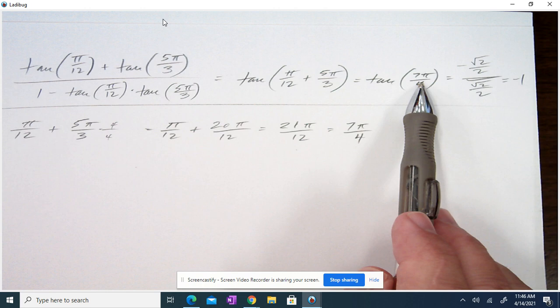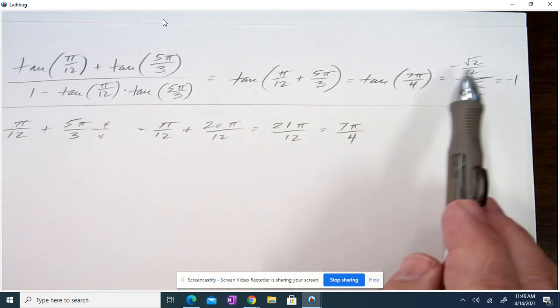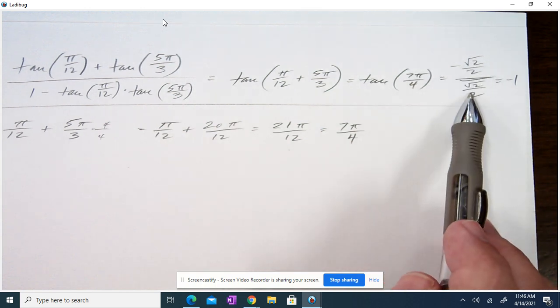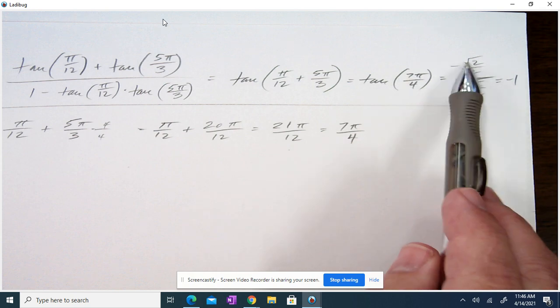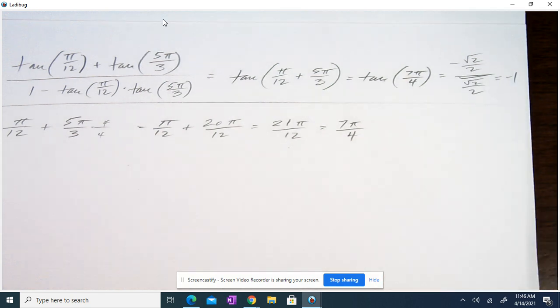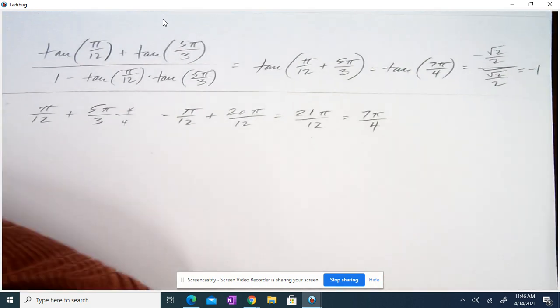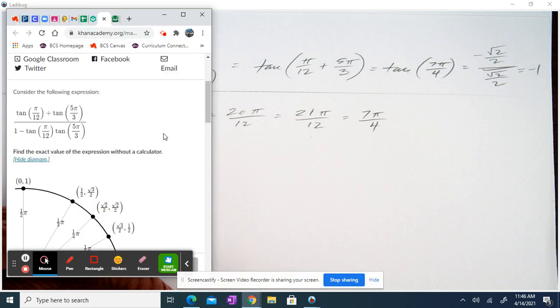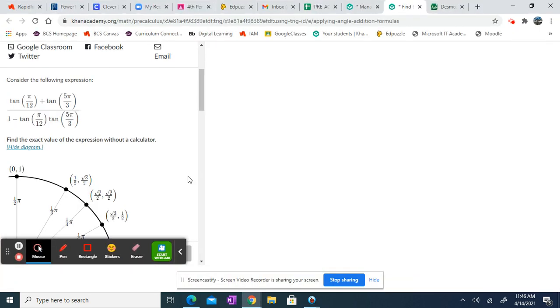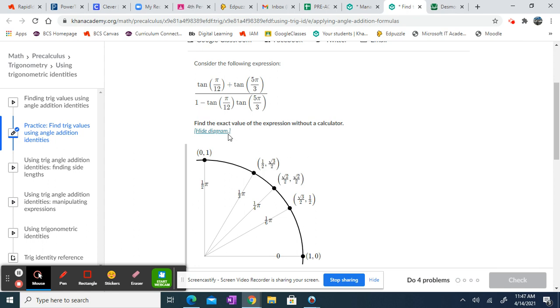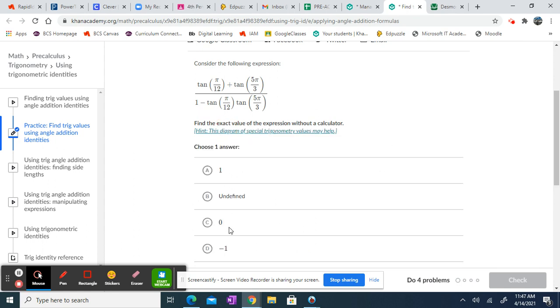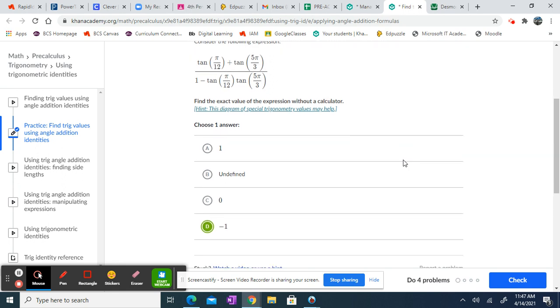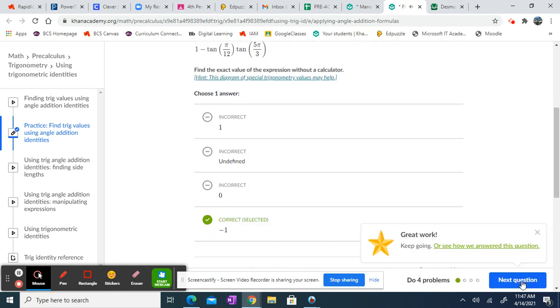I can look that up on the unit circle sheet, get the y value and the x value. Tangent is always y over x. Simplify it, and you get negative 1. All right, so hopefully that is right. It's on there. That's a good sign. Check. Okay, we got it. Let's try another one.